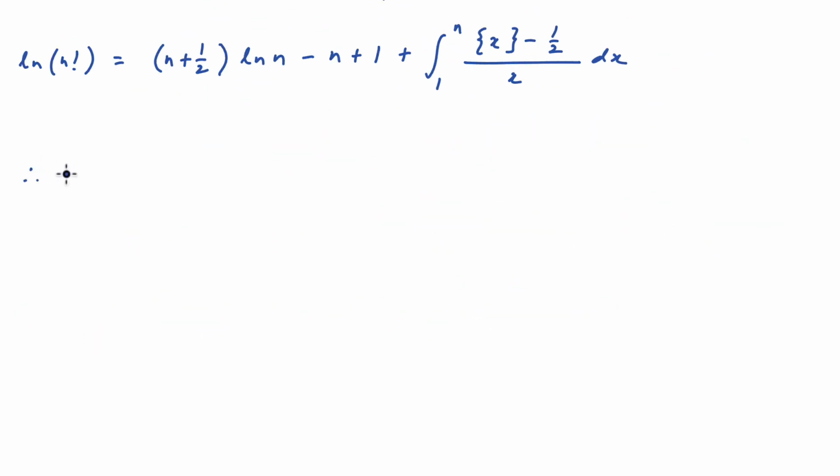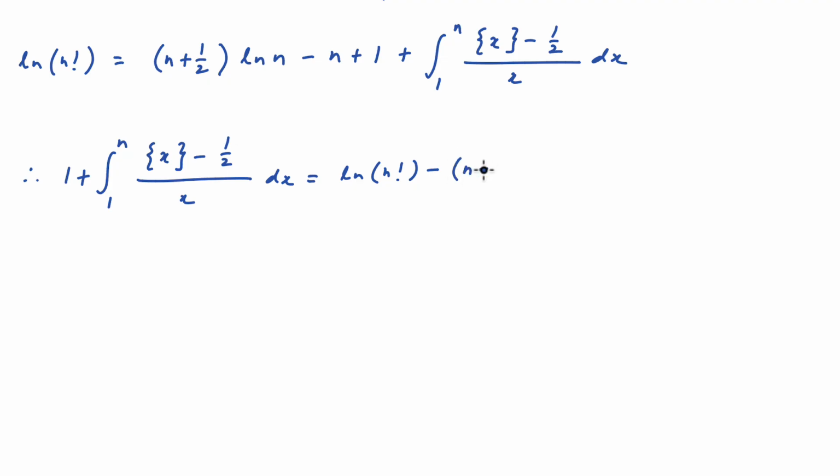Therefore, minus 1 plus integral 1 to n, the fractional part of x minus half upon x dx is equal to ln of n factorial minus n plus half times ln n plus n.